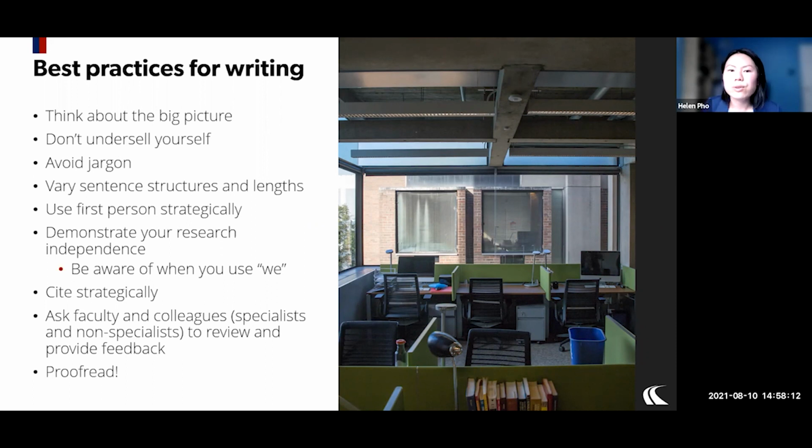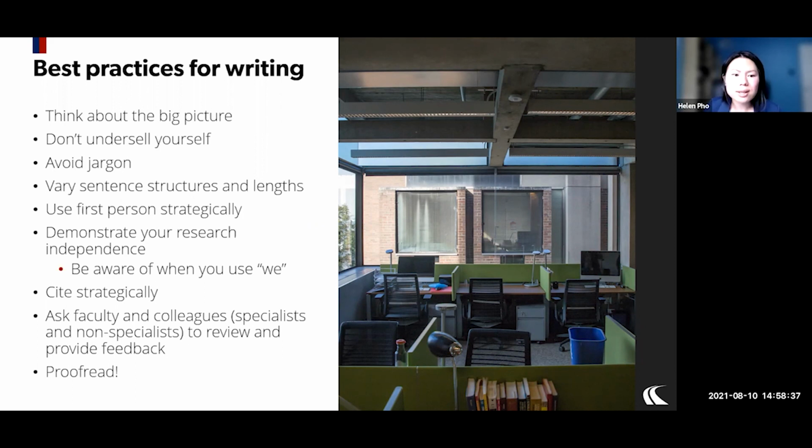So using first person strategically helps you to create this narrative of your own independence as a scholar. So make sure that you are cautious and aware of when you use the word we, as distinct from I, as you describe what you've done in the past.